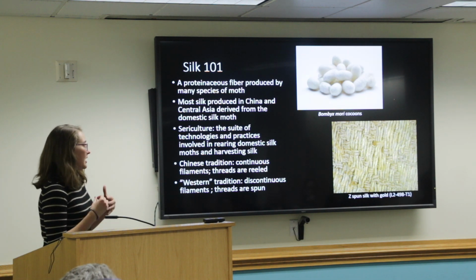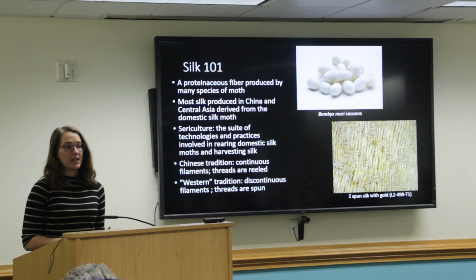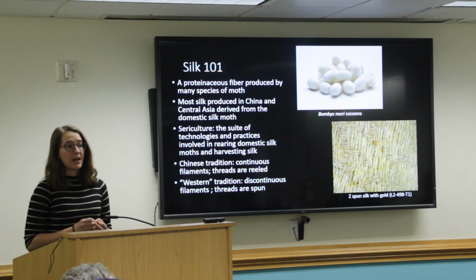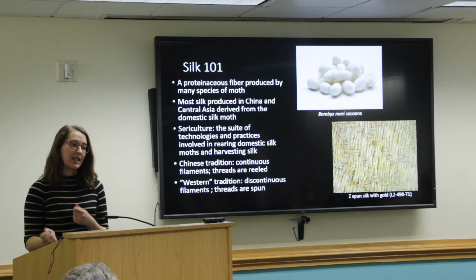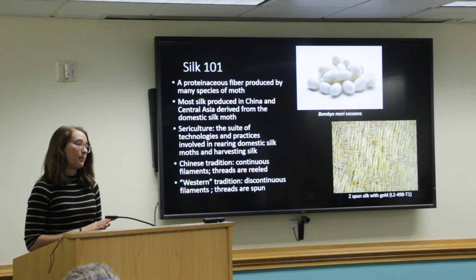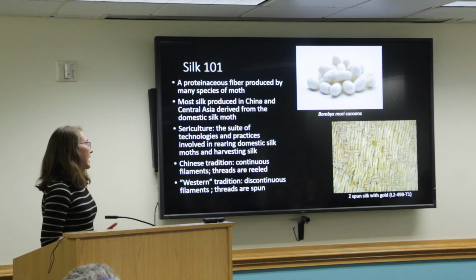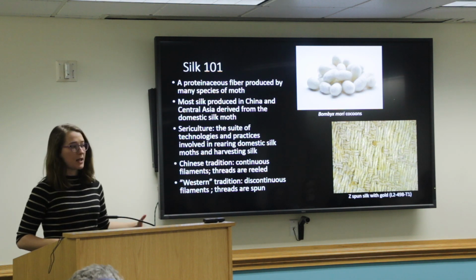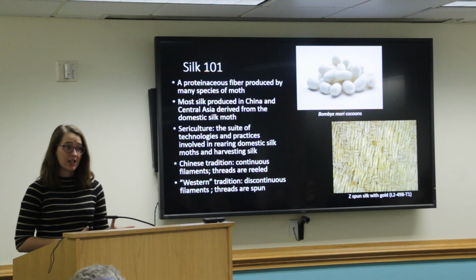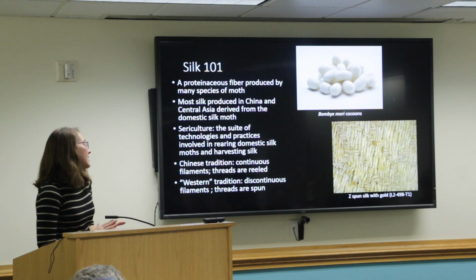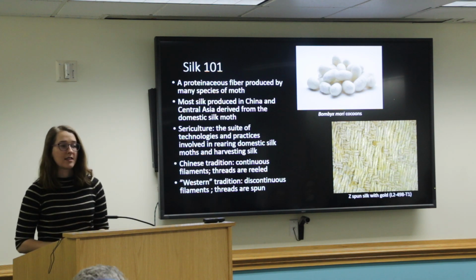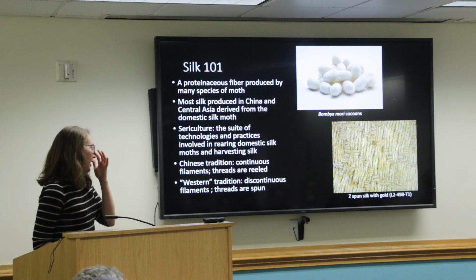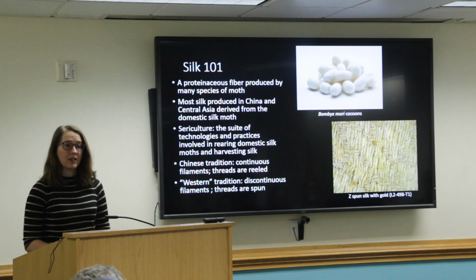And one of those is that the Chinese tradition of silk production generally produces threads without spin because they're reeling out complete unbroken threads, and that in traditions that develop in Central Asia, using also domesticated silk moths, they tend to spin the thread. So we see in this assemblage both.